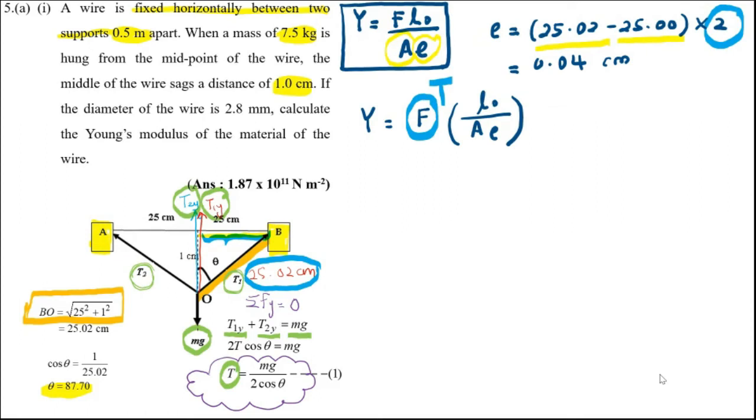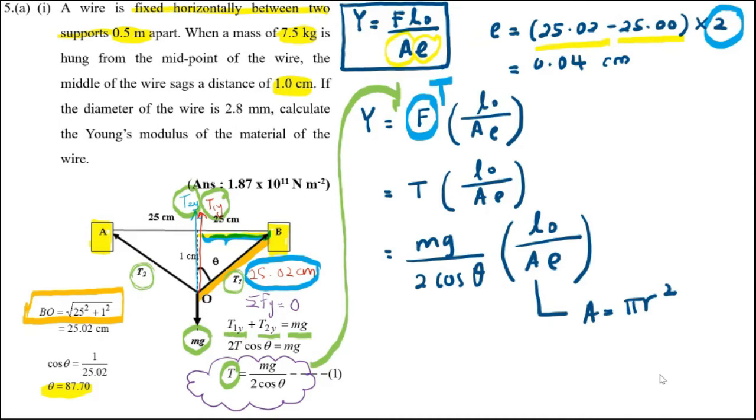So if we substitute, then the tension now is equal to mg per 2 cos theta. The L naught is 0.5. Substitute the value of L naught, where the L naught here is 0.5.